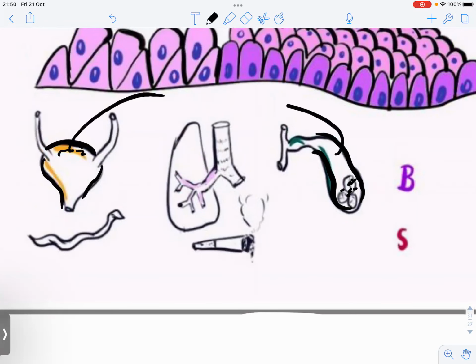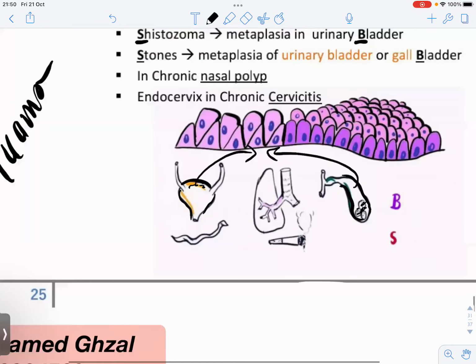Both of them can transform into squamous to be able to face the irritation of stones. So here we have S, smoking, B, bronchi; S, schistosoma, B, bladder, urinary bladder; S, stones, B, bladder, urinary or gall bladder.